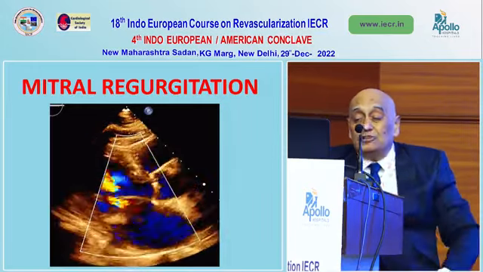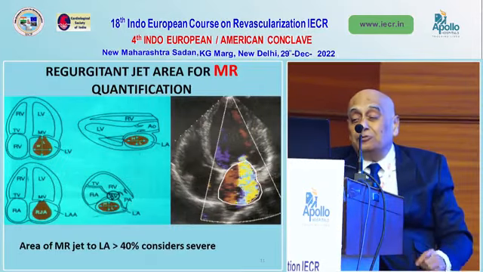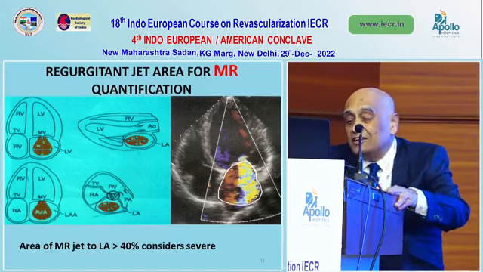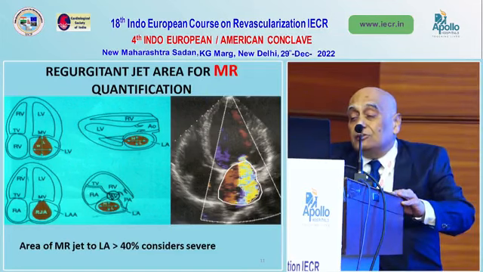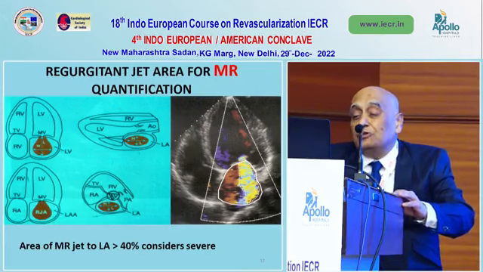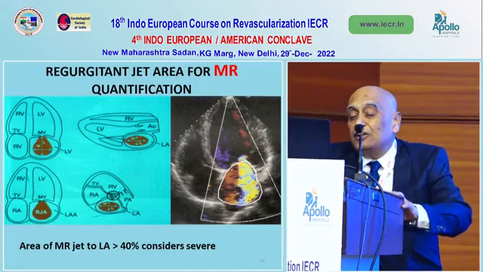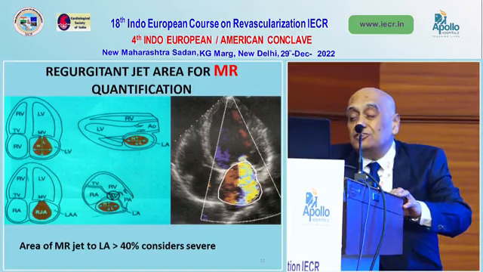You can compute the severity by multiple methods, and the most common method we have been using over the last several decades is to planimeter the regurgitant jet area in whichever view we get the best and compare it with the left atrial area. If the MR jet area is more than 40% of the LA area, it is considered severe.